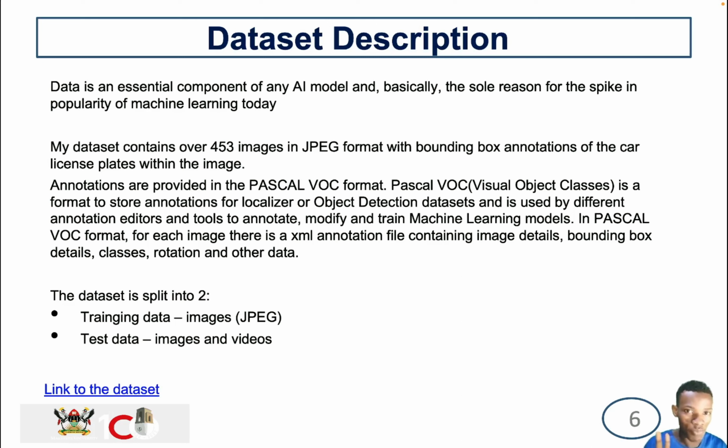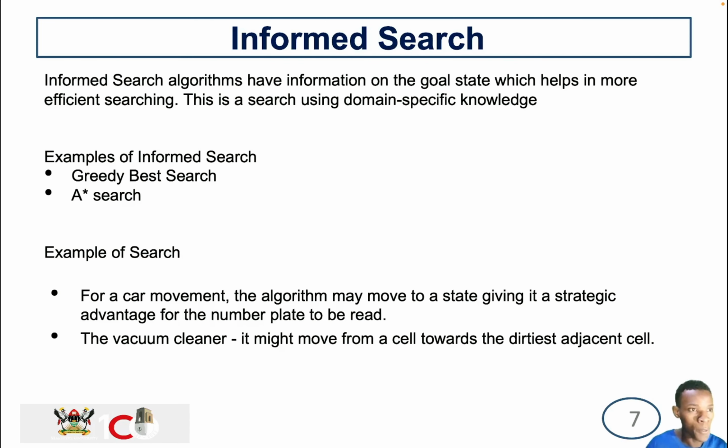The dataset is then split into two. I have the training data, which comprises images, and then the test data, which has images both in JPEG and PNG, and then video in MP4. I have also left a link to the dataset down there.